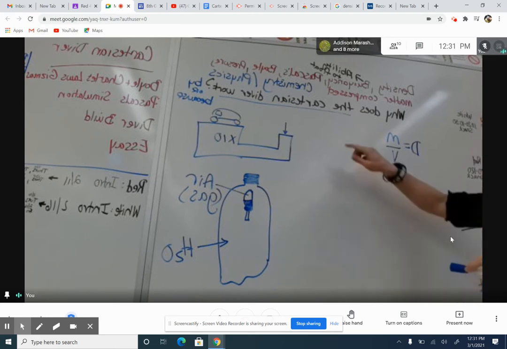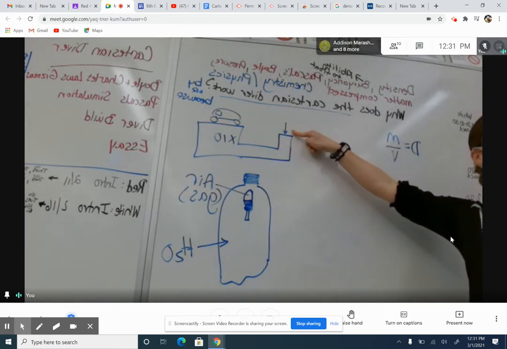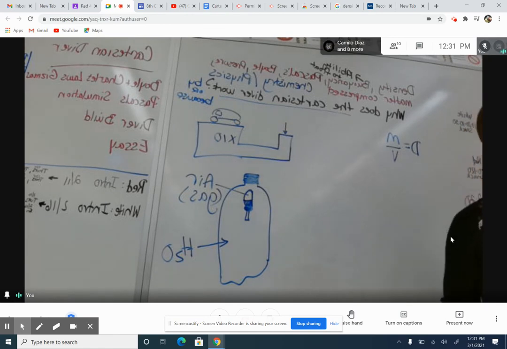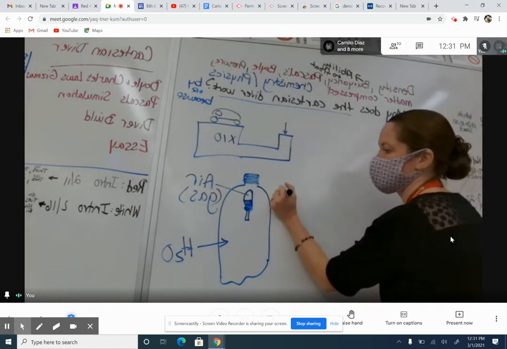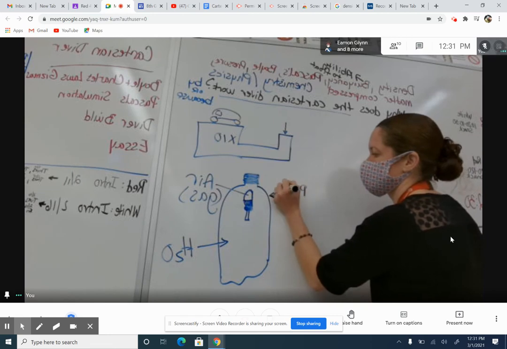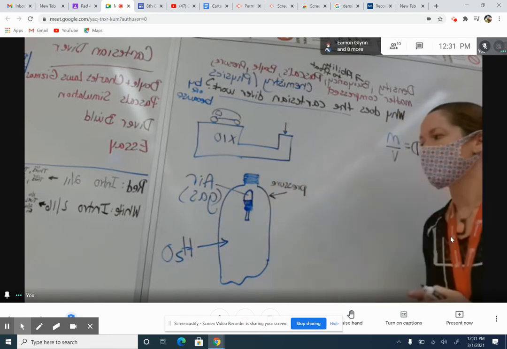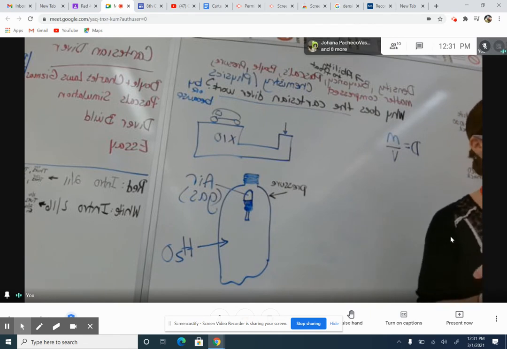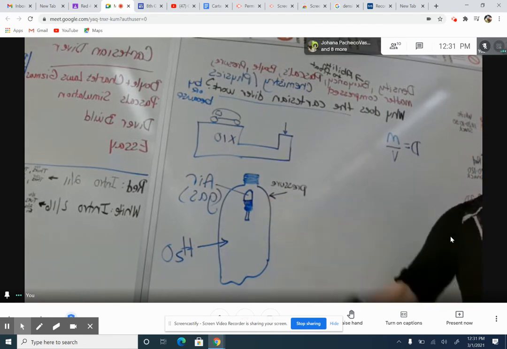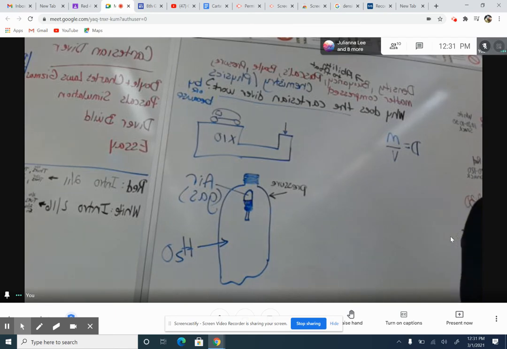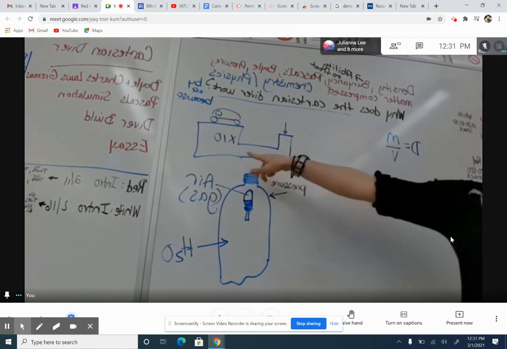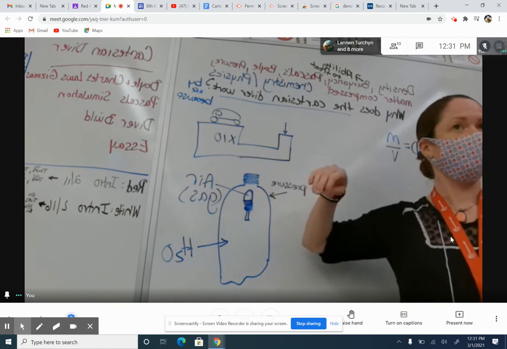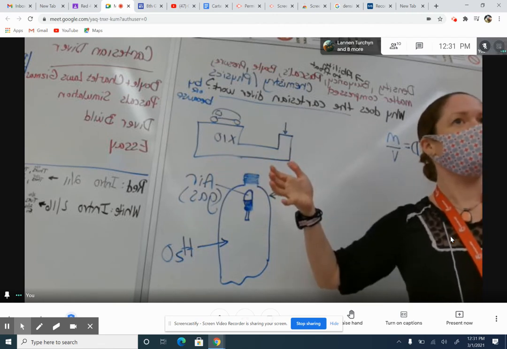All right, so we have learned that if I apply pressure to a small part of a closed container that has a fluid in it, so let's say I put my pressure here, what happens to the rest of the container? If I apply pressure to a small part, what happens to the pressure? Increases.